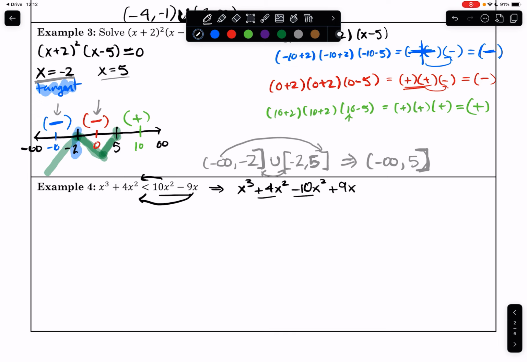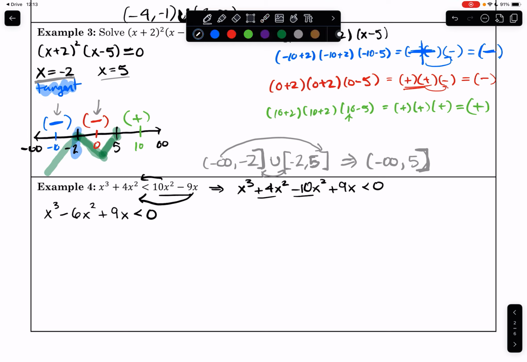And since we have these two like terms, this would be x to the third power minus 6x to the second power plus 9x. And now we can figure out where this polynomial is going to be strictly less than 0.